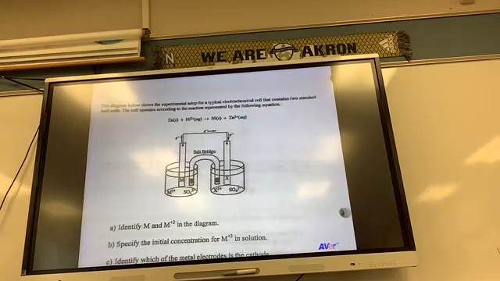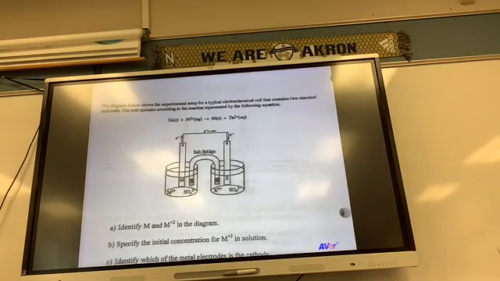The value of the electromotive force is E cell. Concentration. So I have Zn plus 2, which is negative 0.76, right? Guys, what was your cathode? Zinc? Why? Nickel?